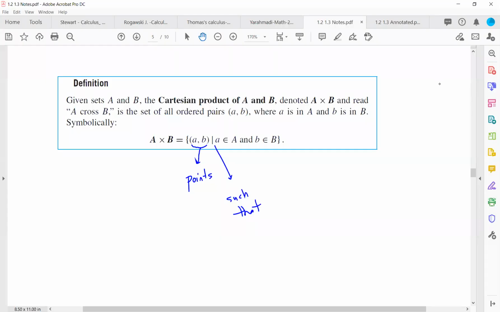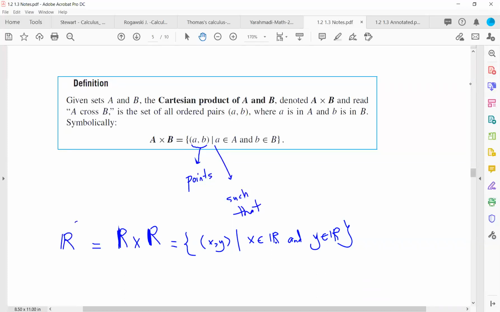For example, consider R as the set of all real numbers. R cross R is the set of all points (x, y) such that x is a real number and y is a real number. We can denote this set by R squared or the XY plane.